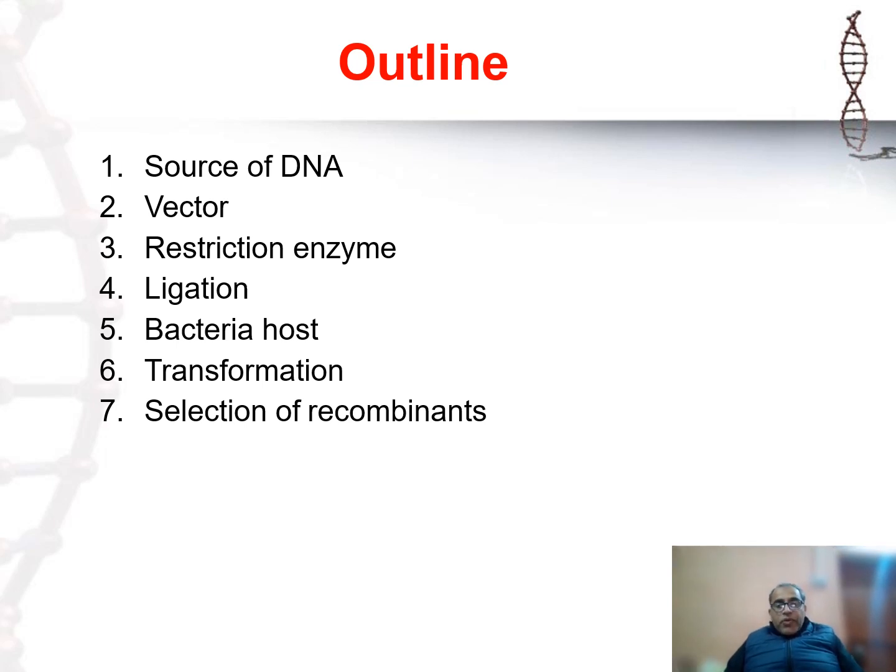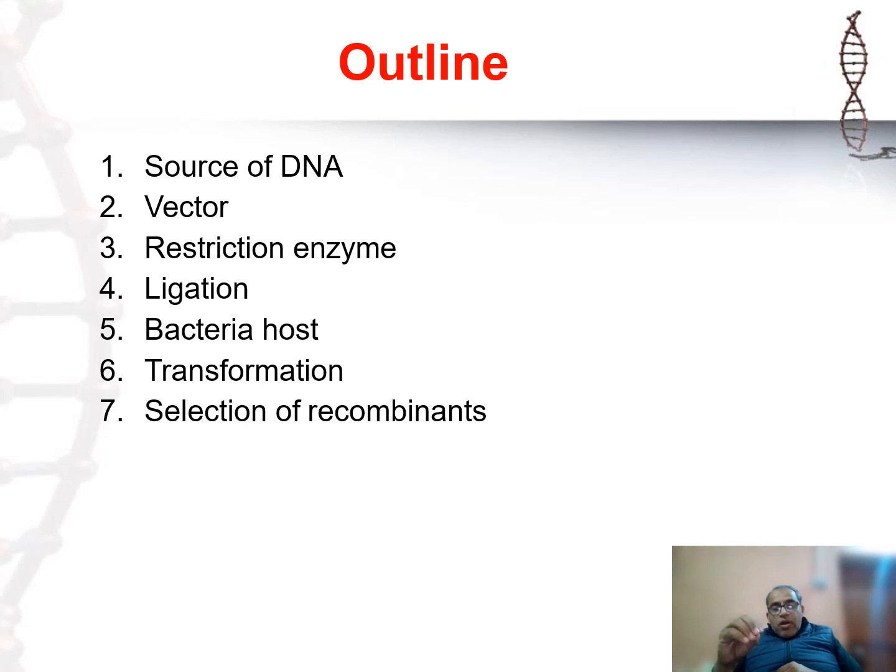In selection of recombinants, we divide the lacZ gene into two parts, the alpha part and the beta part. In alpha, we have multiple cloning sites present where we can insert our foreign gene.